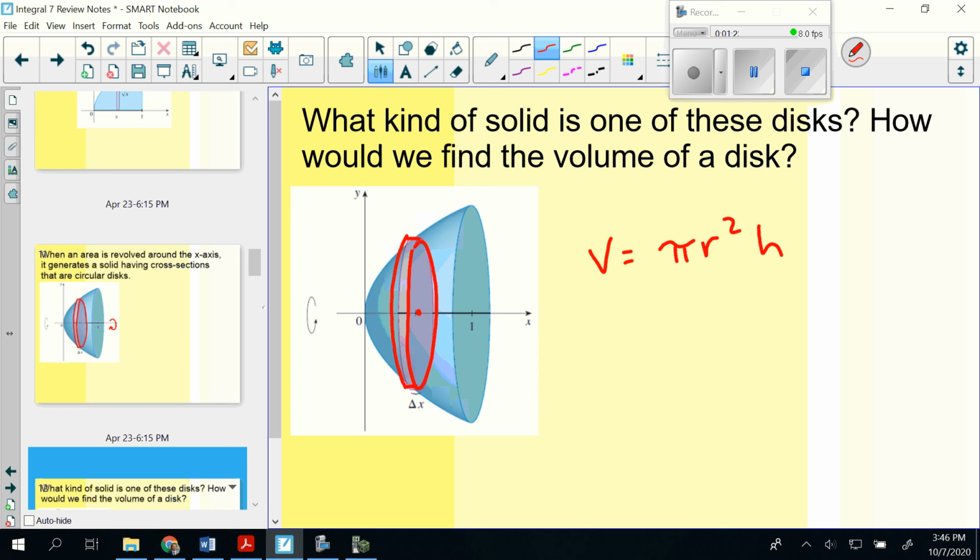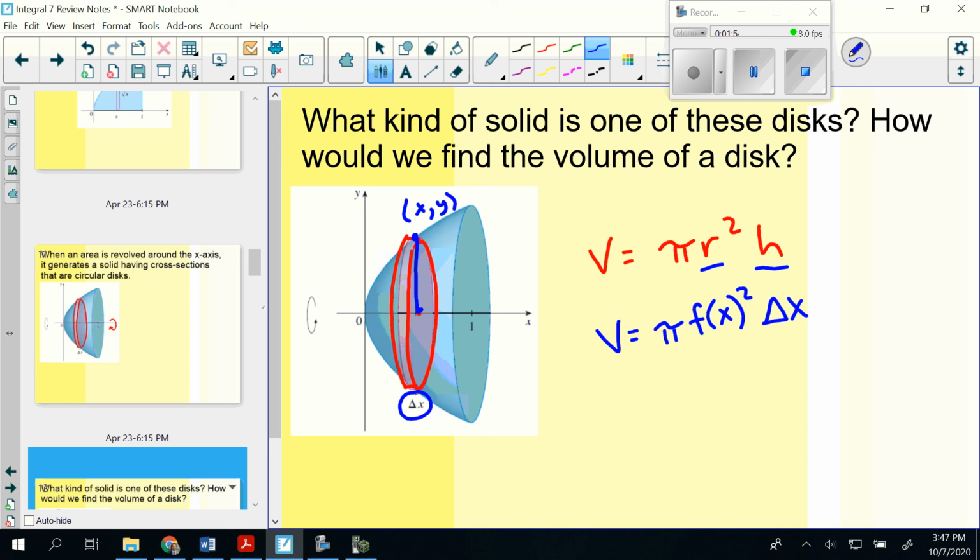In our case, our height here is our change in x, and our radius would be our y value here, or another way of writing our y value would be our function. So our radius ends up being our function squared times pi. That would give us the volume of one of these.